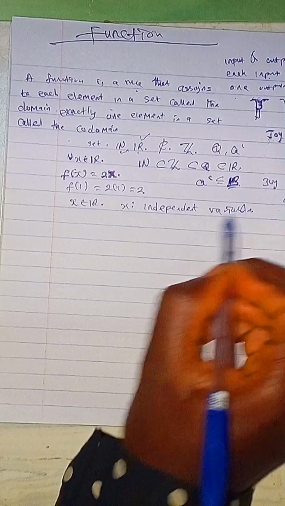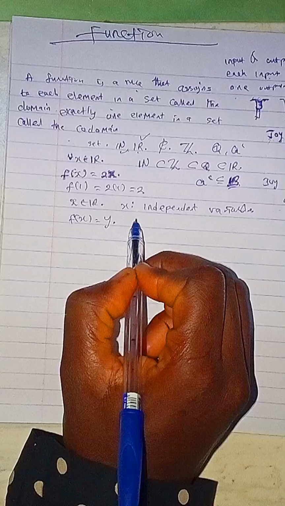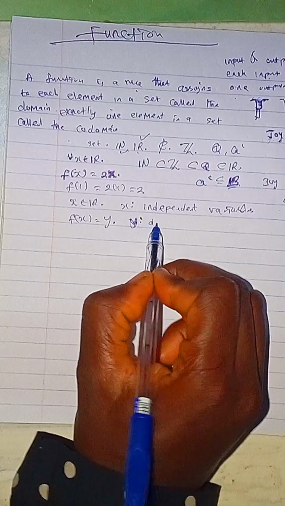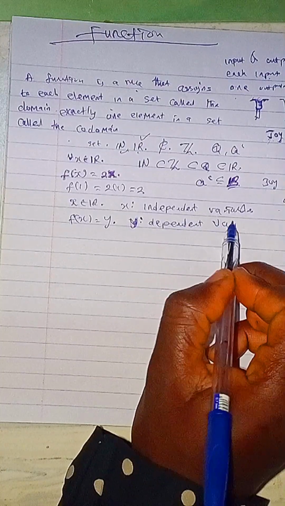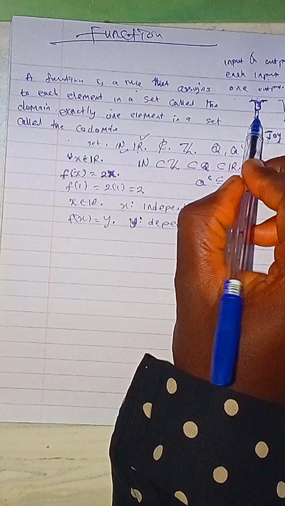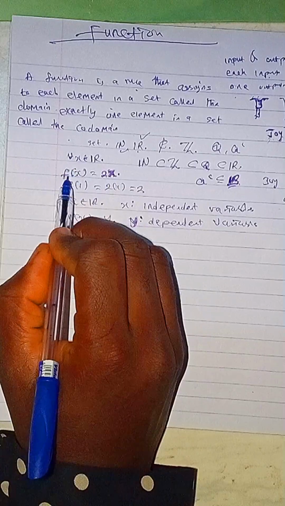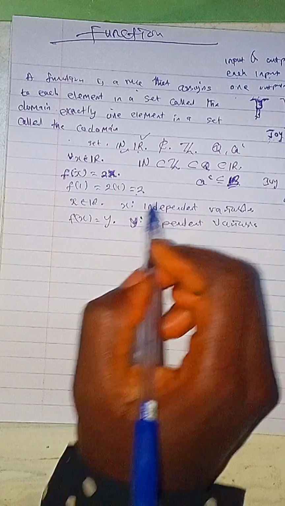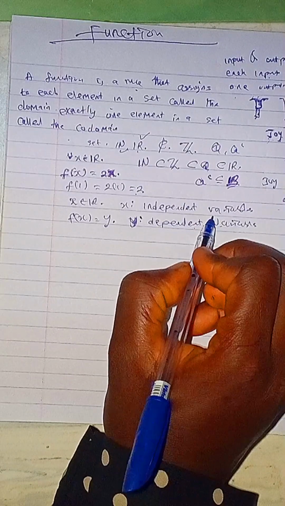That is, x changes. y, which is f of x, is the same thing as y. y is depending on what x puts in. The independent variable is like an engine: it is what you put in, and the engine will work on it and bring out a result. So what you put in x is what f of x will work on and bring out the value. So y is the dependent variable, x is the independent variable.